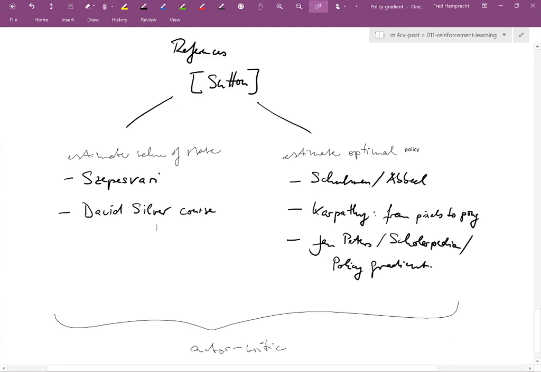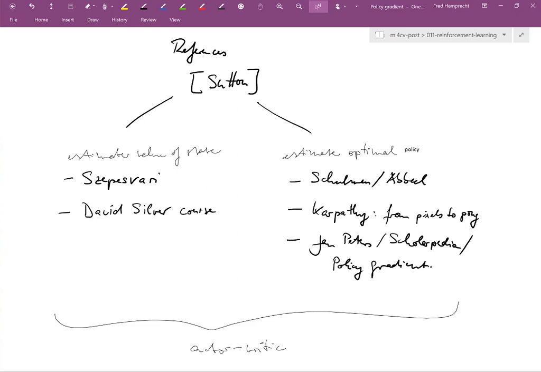And then there is a complementary line of work. There is a relatively slim book by Szepesvári about dynamic programming and the extensions needed when you go to unbounded Markov decision processes.